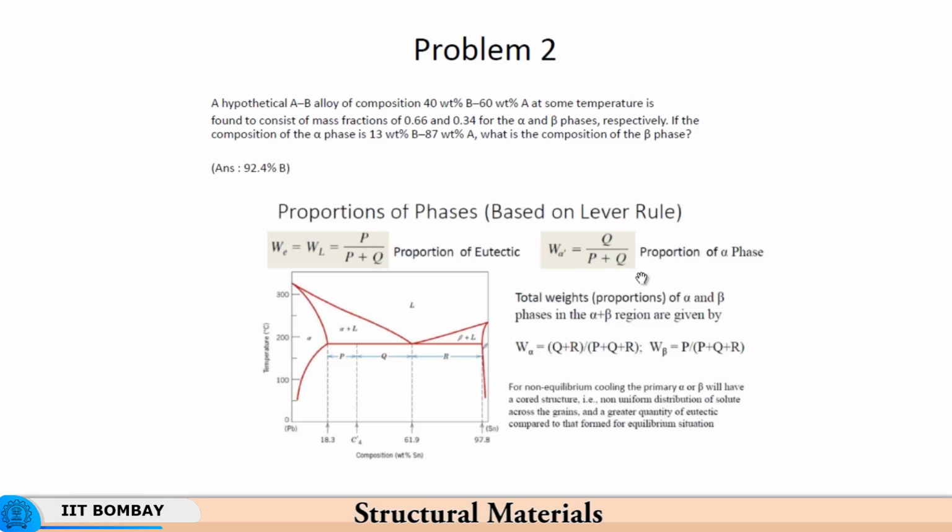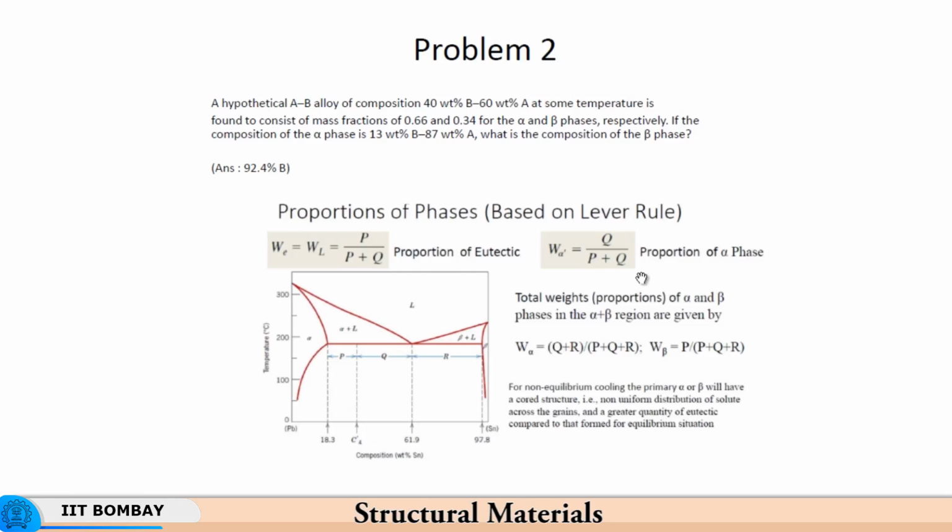The chemical composition is given, so this is the 40% line. You have been given C-4, and the alpha phase is 13% B and 87% A. So the alpha phase chemical composition is also given.